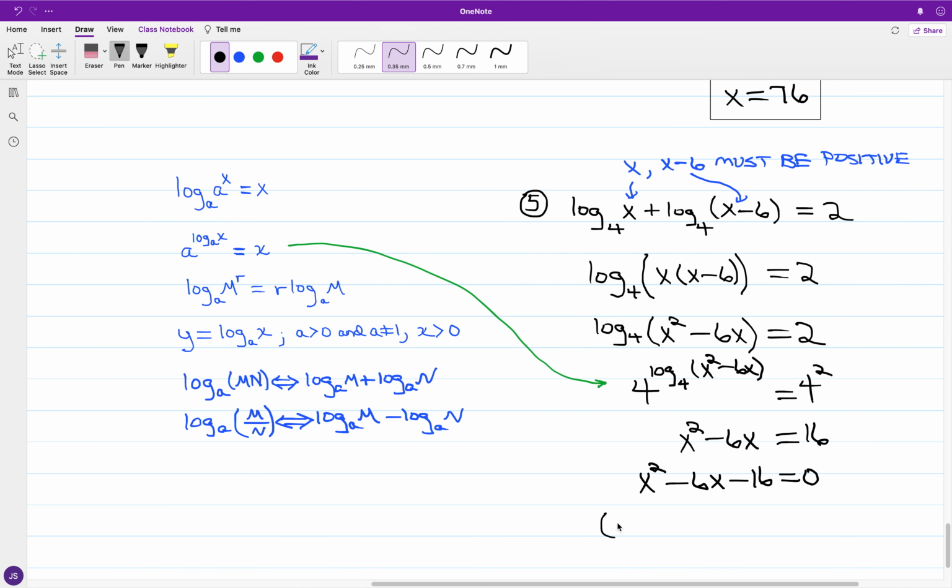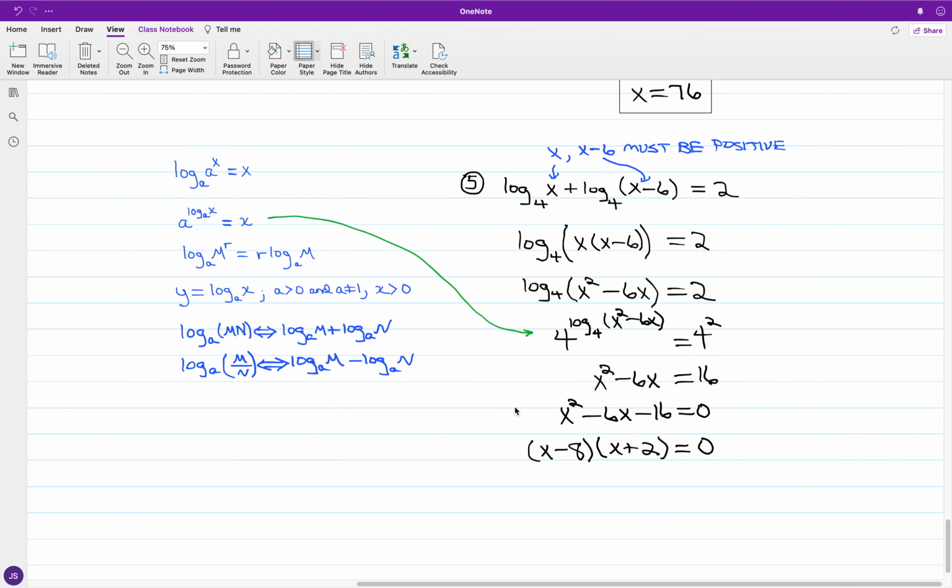And looking at factoring, I have the quantity x minus 8 times the quantity x plus 2 is equal to 0.